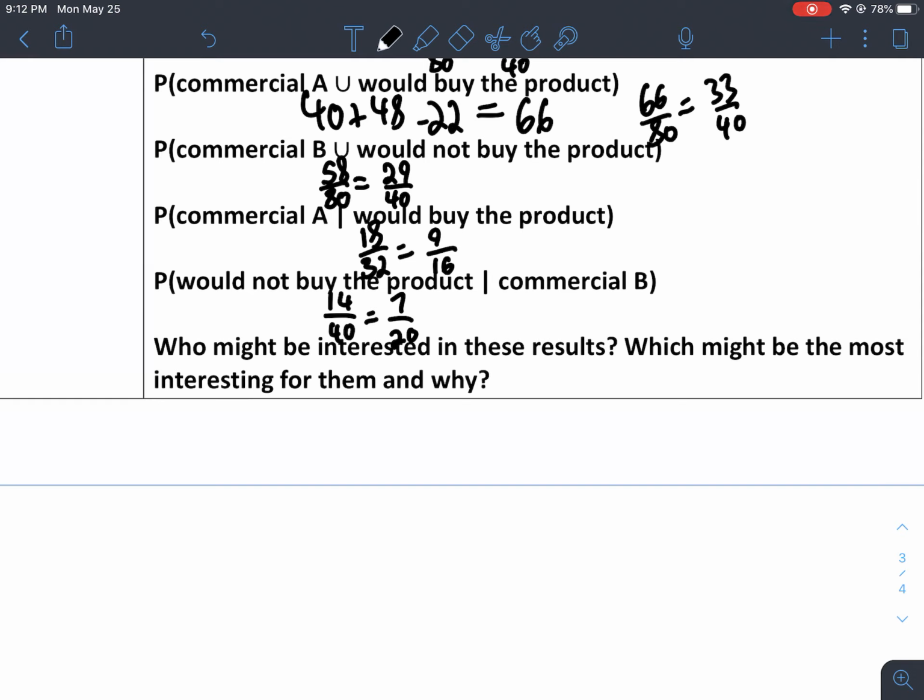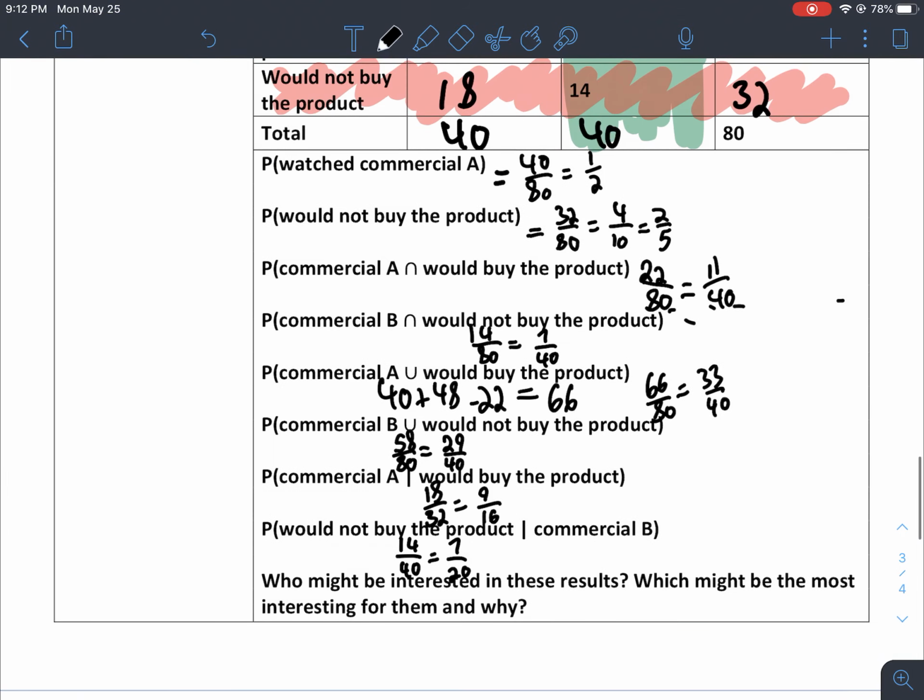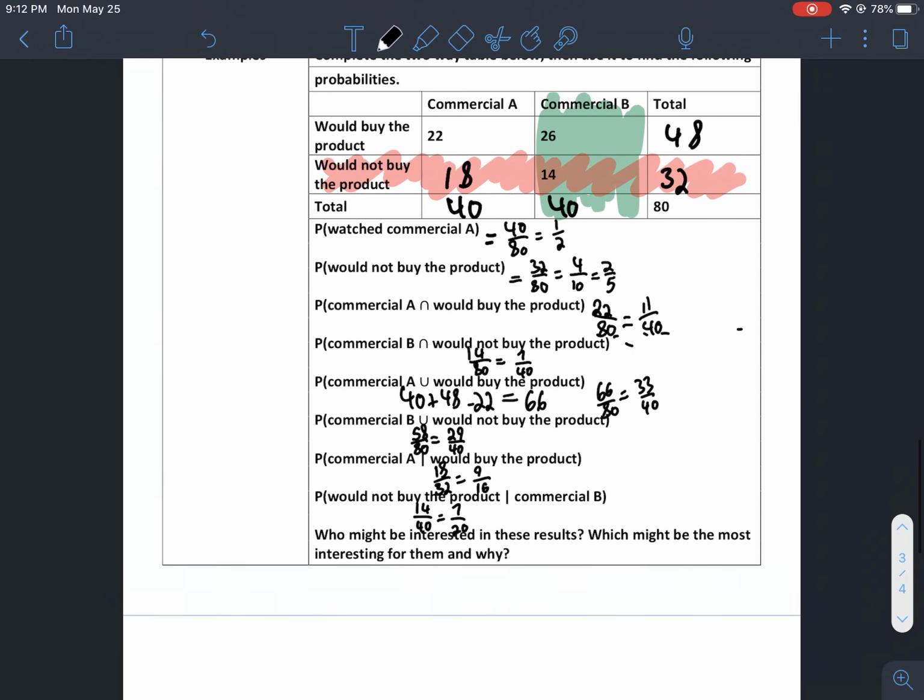So who else might be interested in these results, which might be the most interesting for them. It's a bit weird, because what I'd be assuming I'd be doing with this data is deciding whether commercial A or commercial B was better for getting people to buy the product.